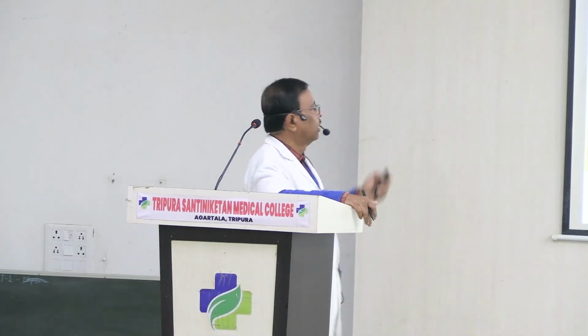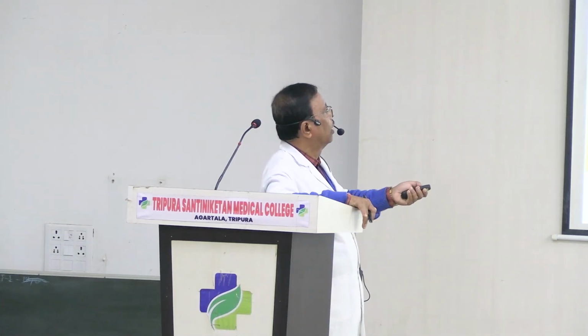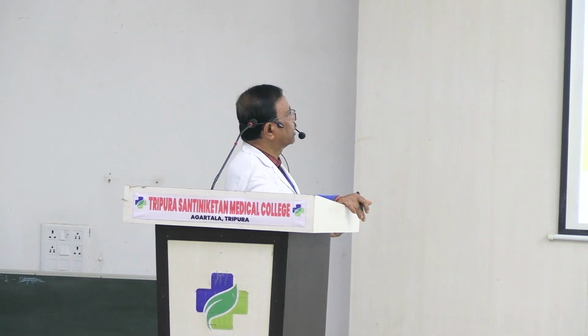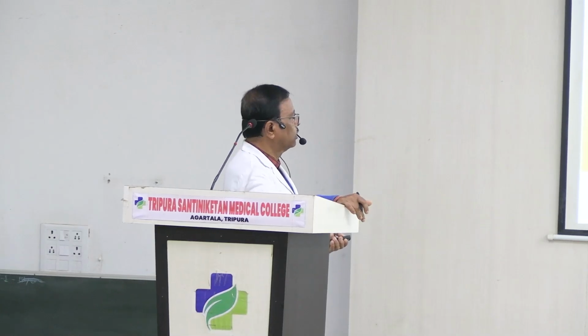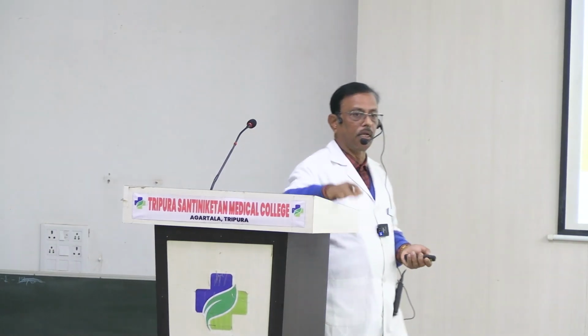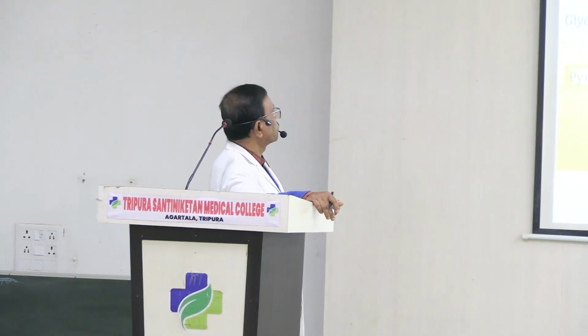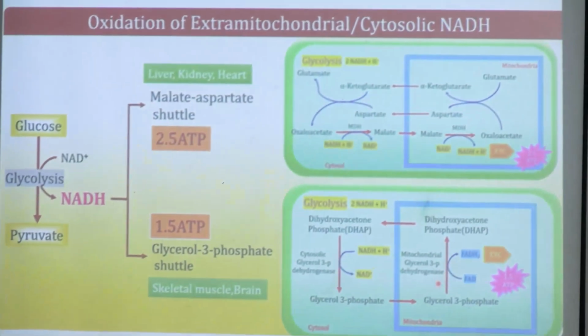Okay. Now these shuttles, they are given in short note. So there are mainly 2 shuttles, malate aspartate shuttle and glycerol 3-phosphate shuttle. Both the shuttles, they are given. Okay. Now so glucose in glycolysis, NADH is produced.